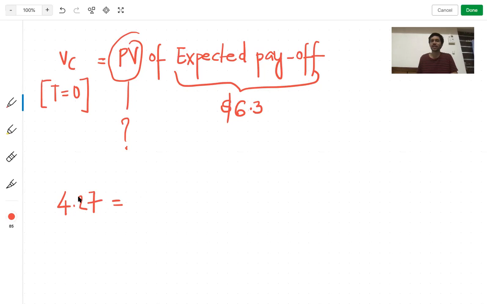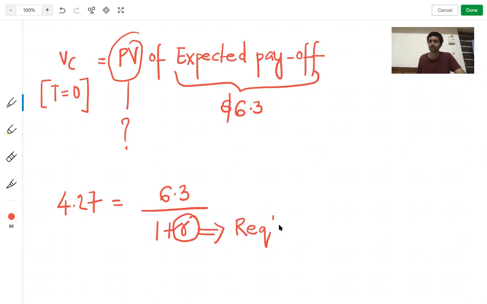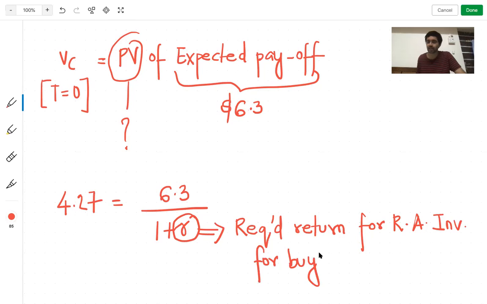Given that I know the option premium of 4.27 because I've calculated it using the other models, 4.27 should be equal to 6.3 divided by 1 plus R, where R is nothing but the required rate of return for a risk averse investor for investing in options, for buying options.